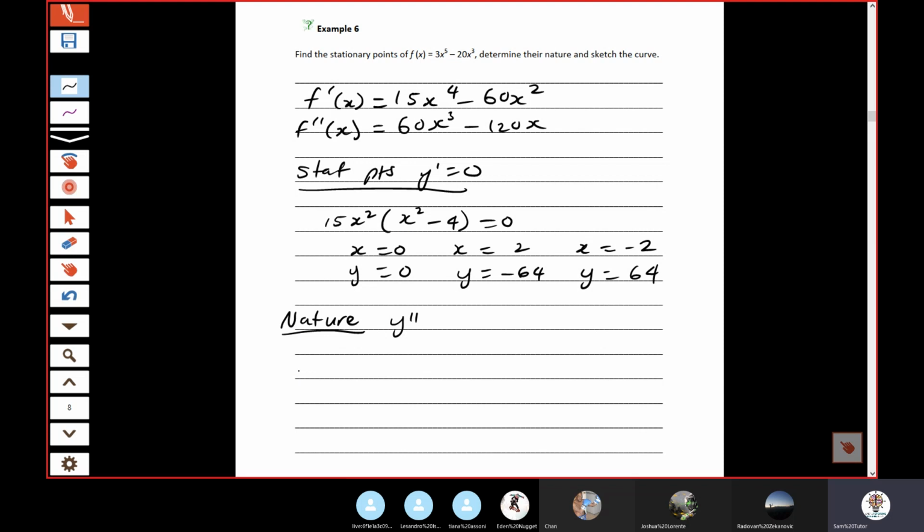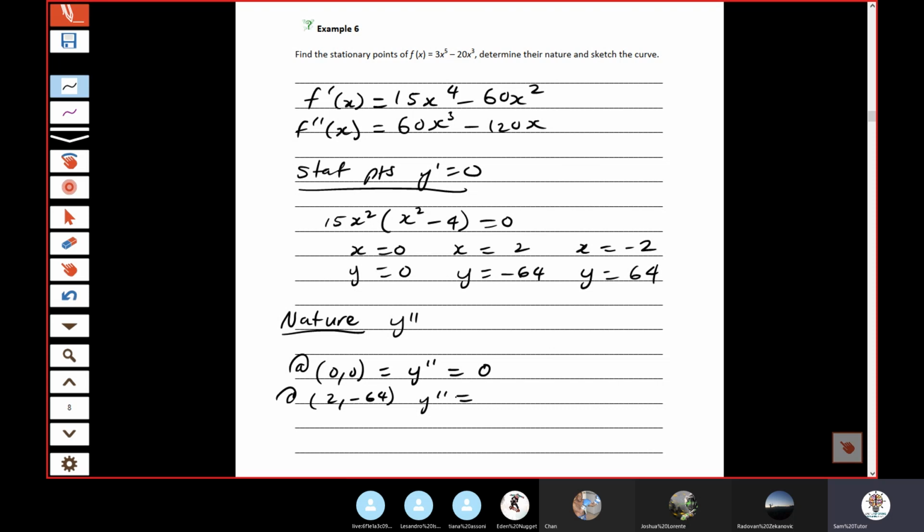Y double dash, so at 0, 0, y double dash equals 0. We'll come back to that in a second. Those who were here last term probably remember it. At 2 and negative 64, y double dash looks like it's positive.